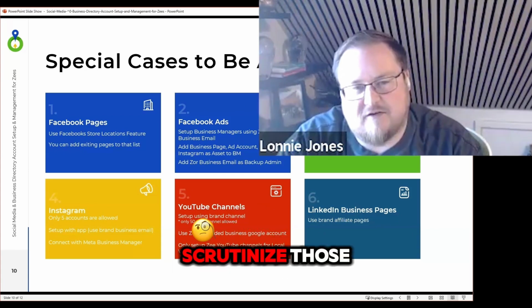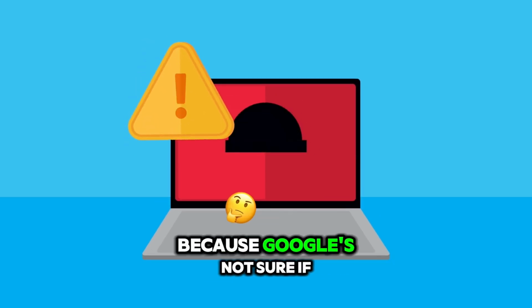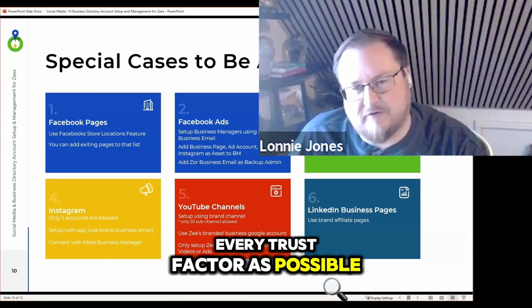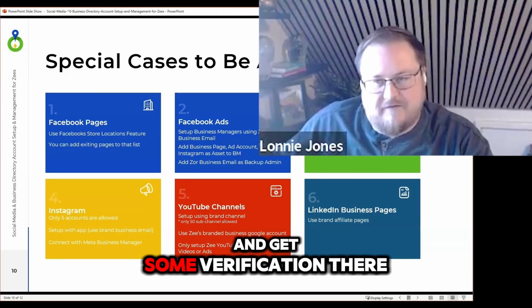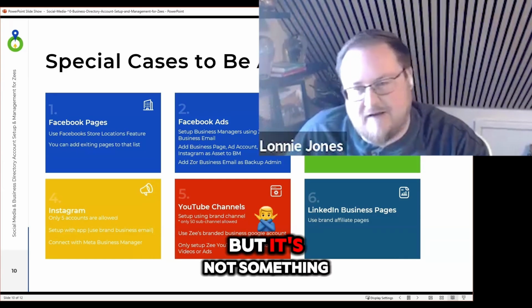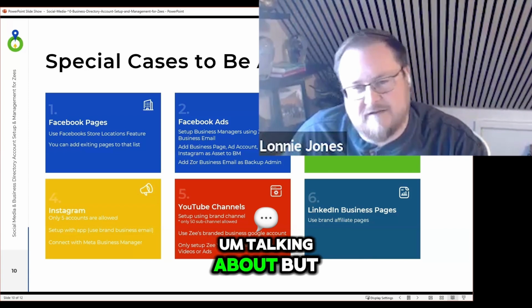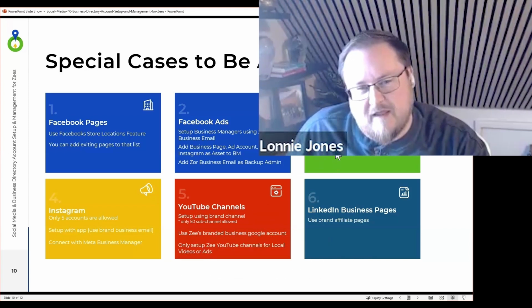So they really scrutinize those, which means activity levels can put you at risk of getting your account suspended because Google's not sure if you're real. So you want every trust factor possible. When you set your group up, you could set it up as an agency and get some verification there. It's not something Google's actively talking about, but it's something we've done and saw some success with.